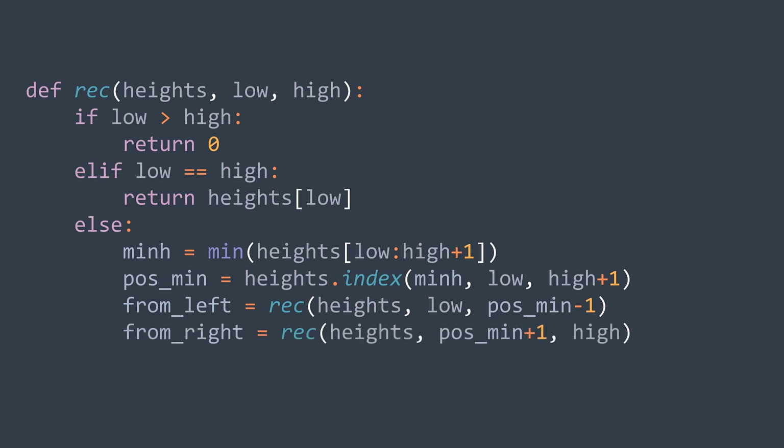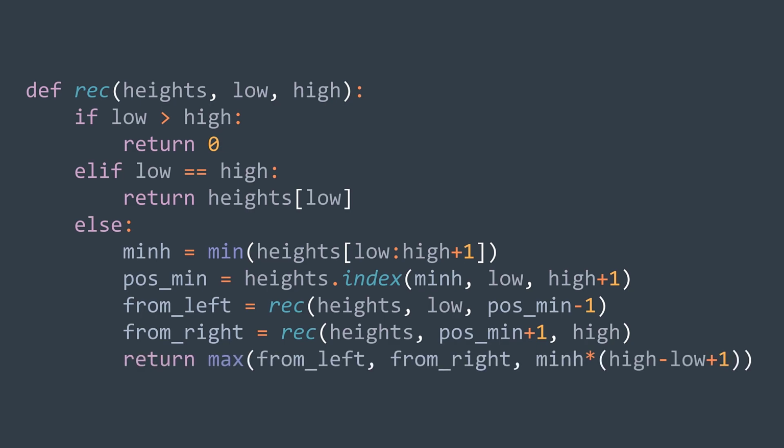For the left part, we put posmin minus 1 as the right boundary, and for the right part, we put posmin plus 1 as the left boundary. And for that short but wide rectangle, its height is the minimum height we calculated before, and its width is the whole part we're searching in, high minus low plus 1. So we return the maximum between from left, from right, and min h times high minus low plus 1. This one represents the area of the short but wide rectangle.